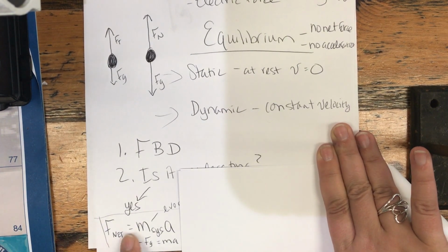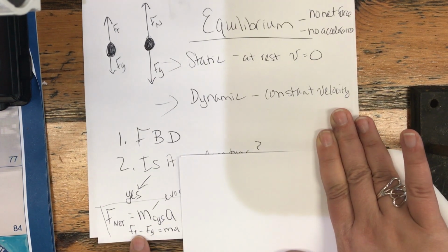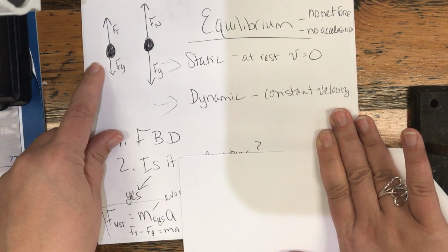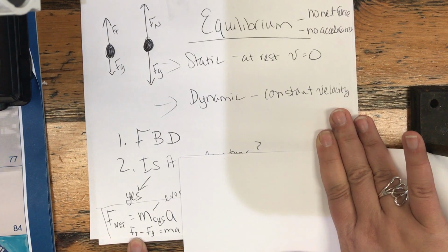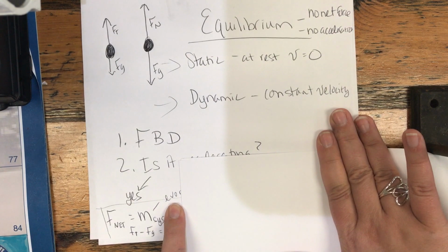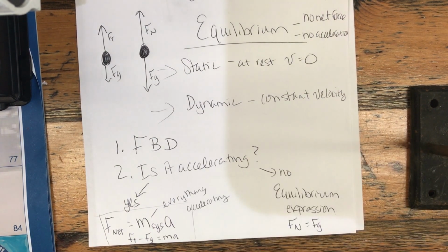The net force, or the sum of all forces, is equal to the mass of the system times acceleration. In this case, where we have some sort of acceleration, you can see the up arrow is longer than the down arrow. So I would say Ft minus Fg is equal to Ma, keeping in mind that the mass of the system is everything within the system.